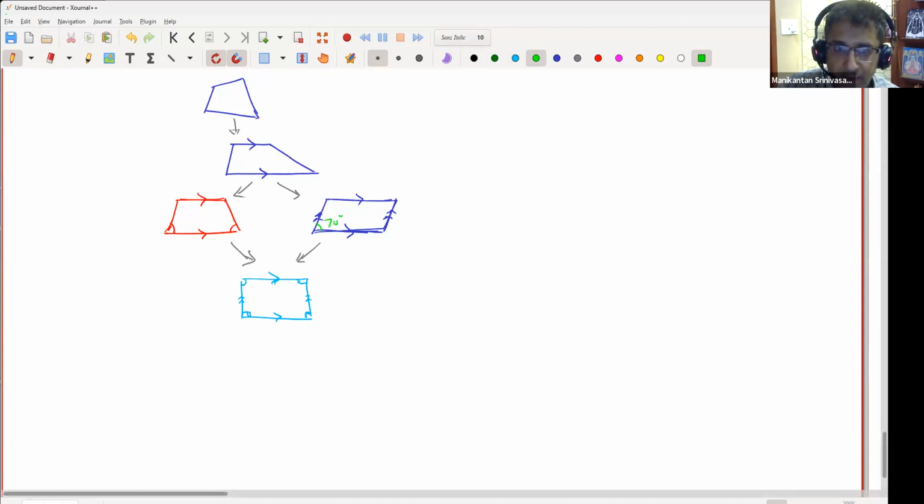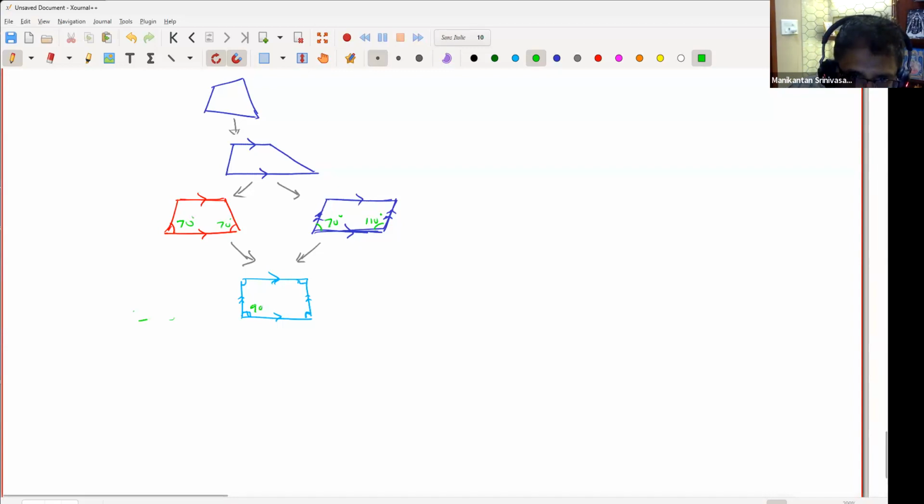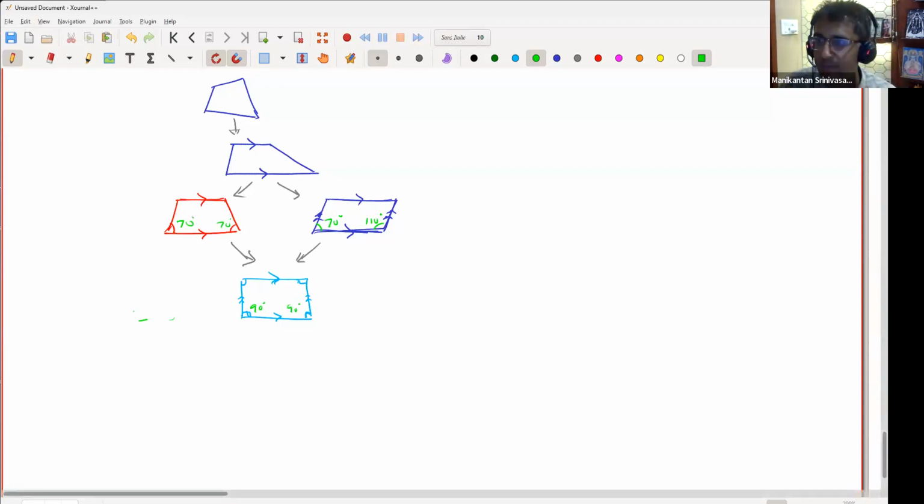Let's say this is 70, this will be 110. In the case of an isosceles trapezium, they'll be equal. If this is 70, this will be 70. The only number which is both supplementary and equal is 90, 90, and that is called a rectangle. So this is 90, 90, 90, 90.